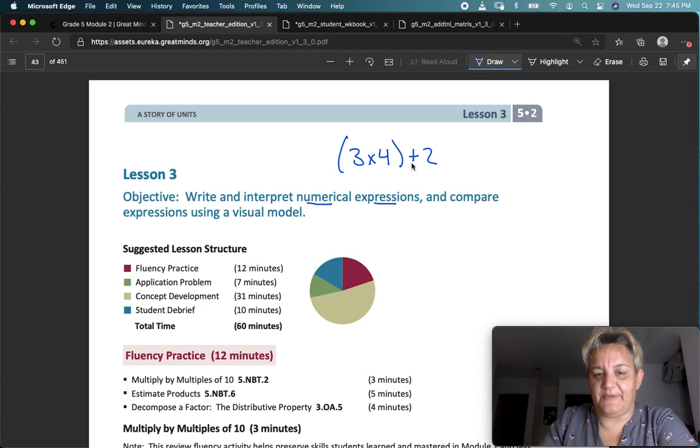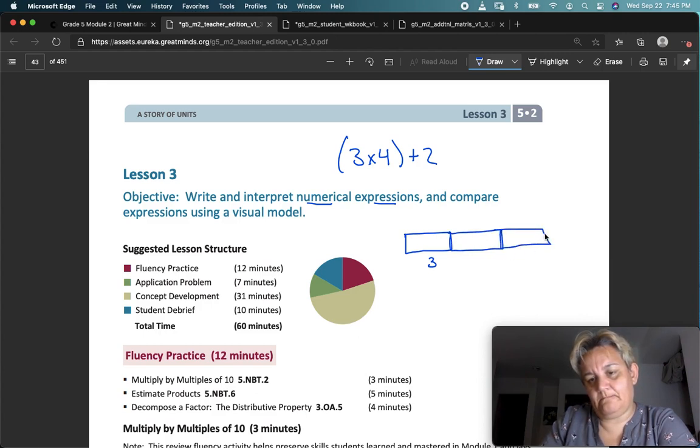So for example, I might use for this one 3 times 4 plus 2, I might say, okay, this square represents 3, and I have 4 of them. Okay, 3, 3, 3.